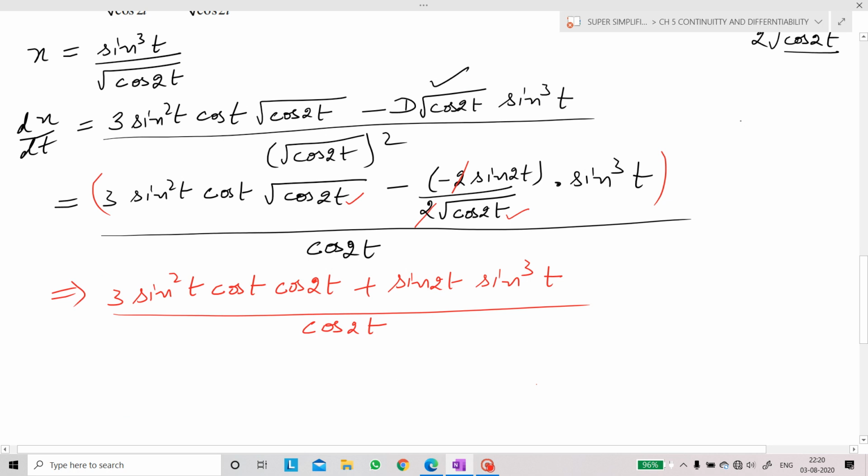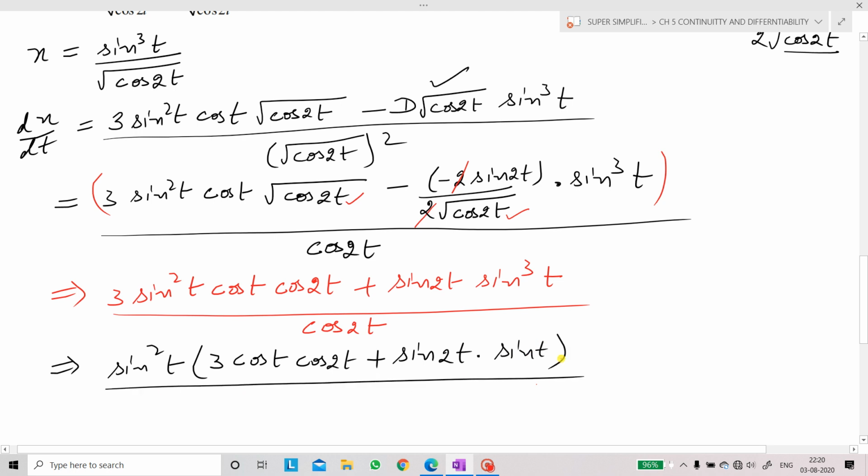Now in the next expression, you simplify and you can take something common. I think you can take sin square t common. So you will have 3 cos t cos 2t plus sin 2t into sin t upon cos 2t.